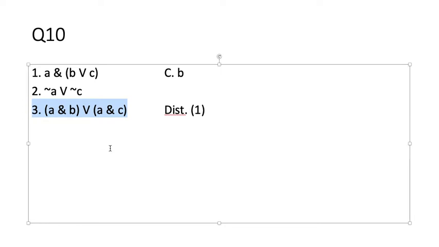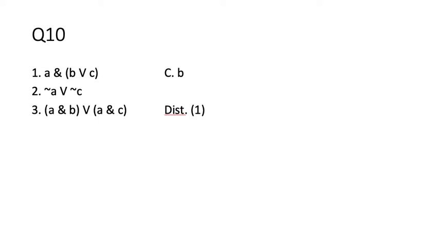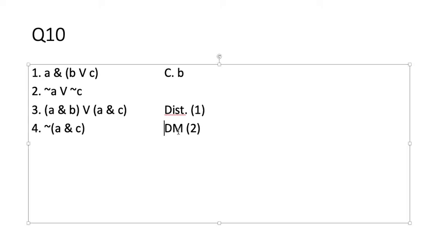Okay, so now I have this disjunction, and that's helpful because I think I'm going to do De Morgan's on line 2. If I do De Morgan's on line 2, I turn this disjunction into a negated conjunction.